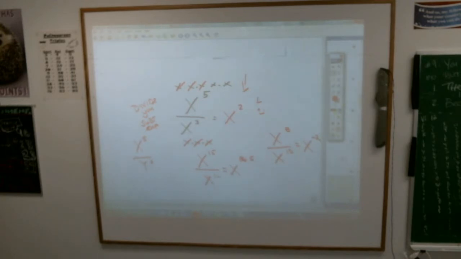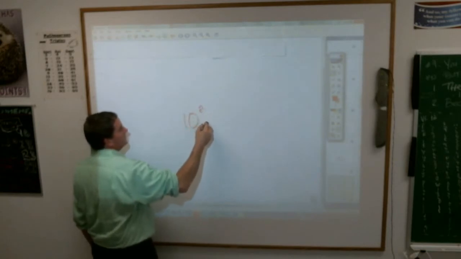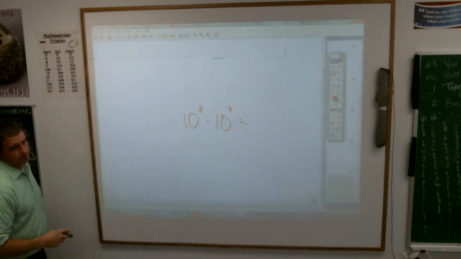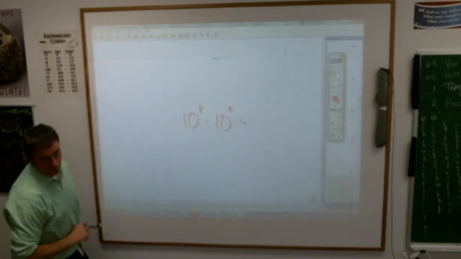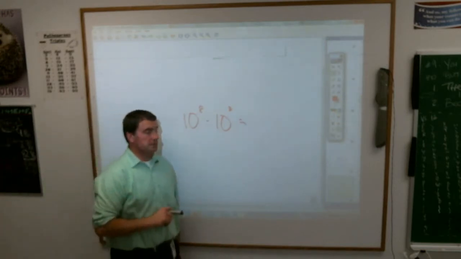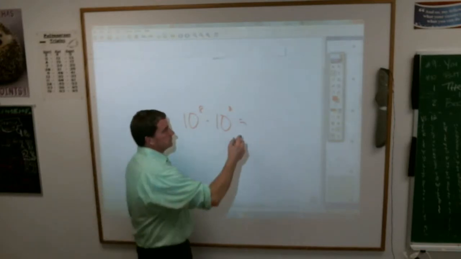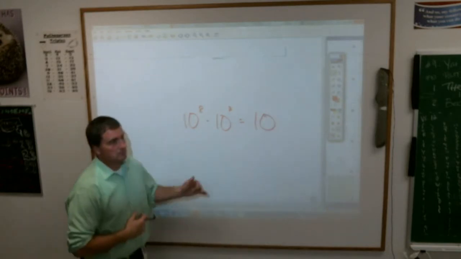They will say this: what is 10 to the 8th power times 10 to the 3rd power? You don't have to do this out, just write it in exponent form. 10 to the 8th times 10 to the 3rd is 10 to the 24th power?